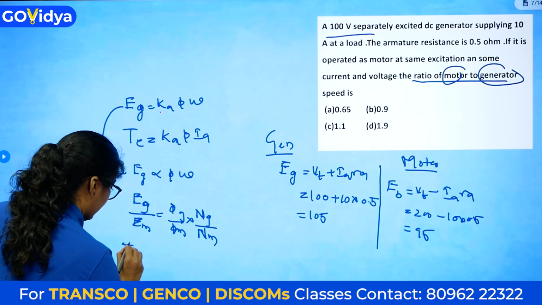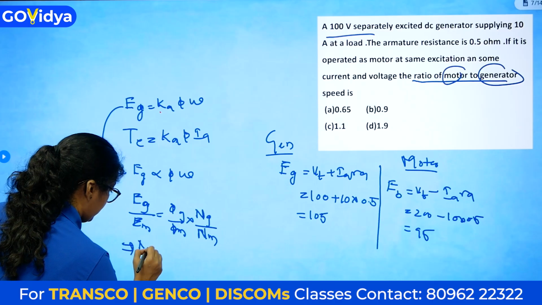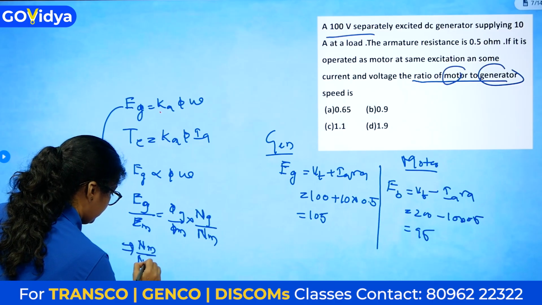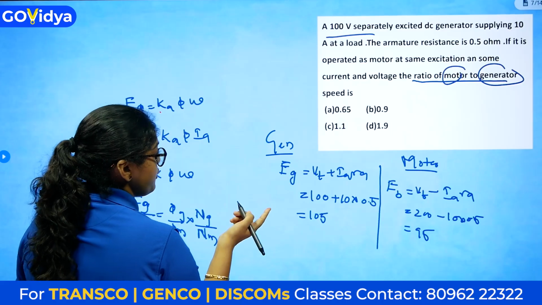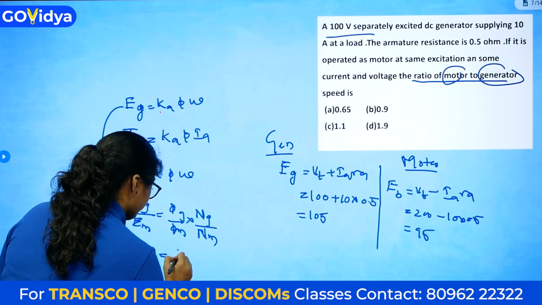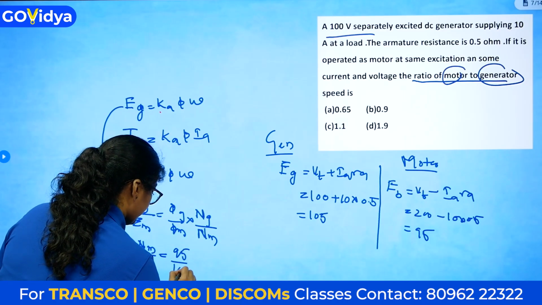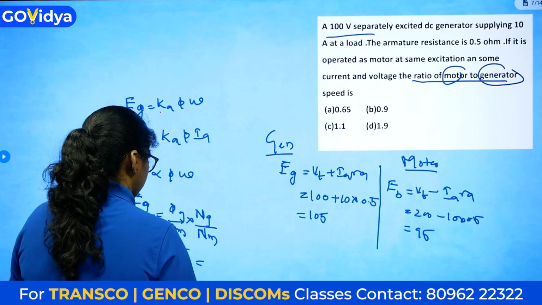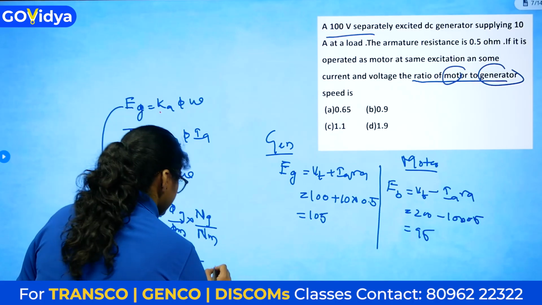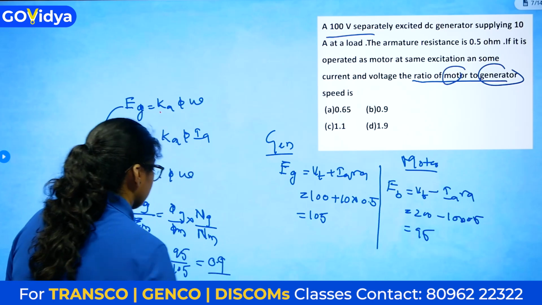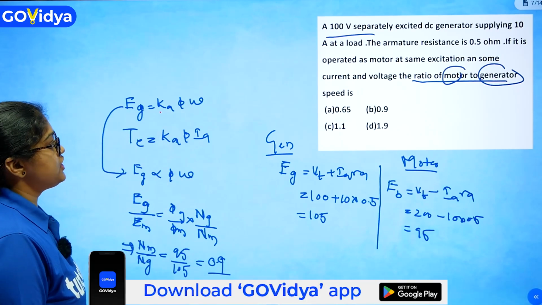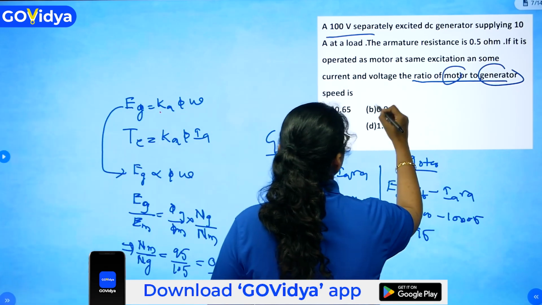So simple, I have to calculate N motor by N generator, which, since flux is constant, is 95 by 105. Nearly I will get around 0.9. So the option B matches.